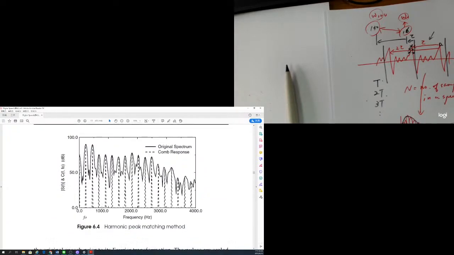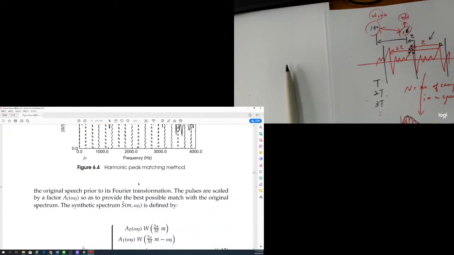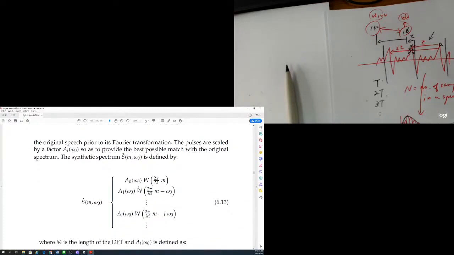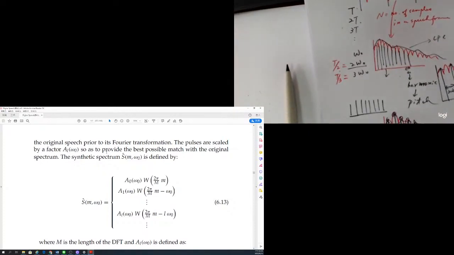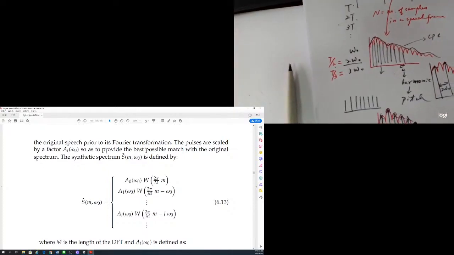So another one, this one is just the comb filter. Another one is the synthetic model, because you have many harmonics. So you can see this is your frequency domain waveform. We can use many harmonics to do the combination.